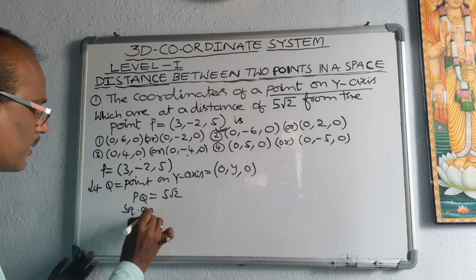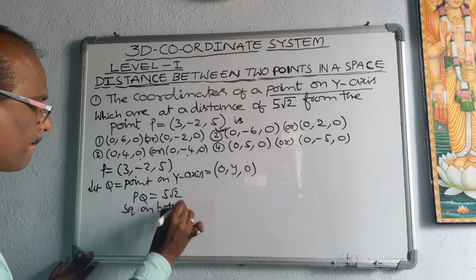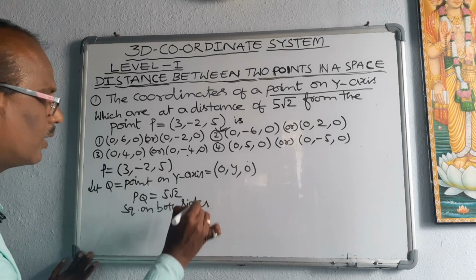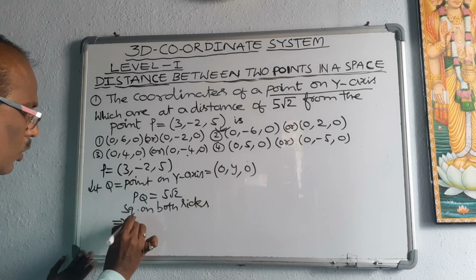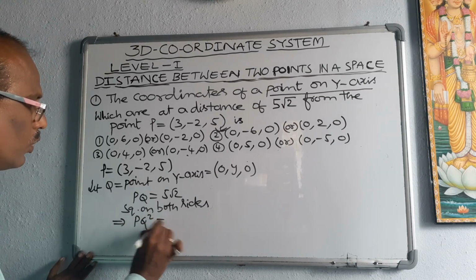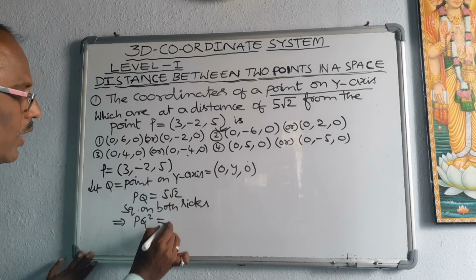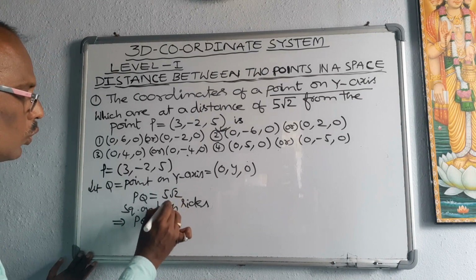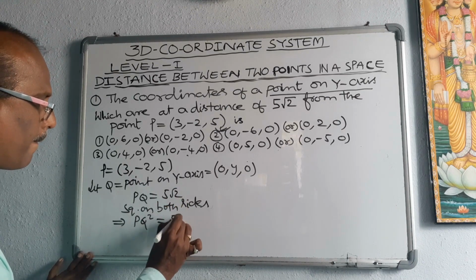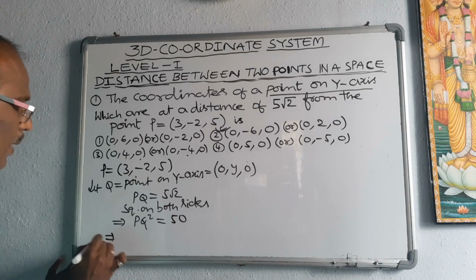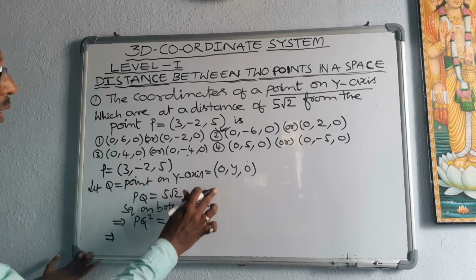Squaring on both sides, PQ square equal to (5 root 2) whole square. 5 square is 25, root 2 whole square is 2, 25 into 2 is 50. Apply the formula for distance between 2 points.